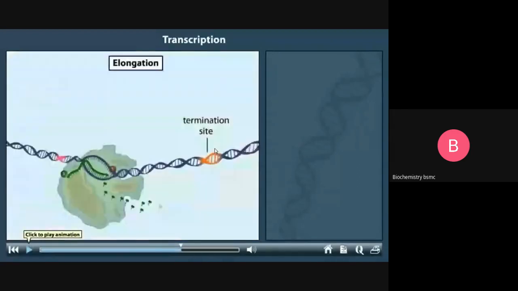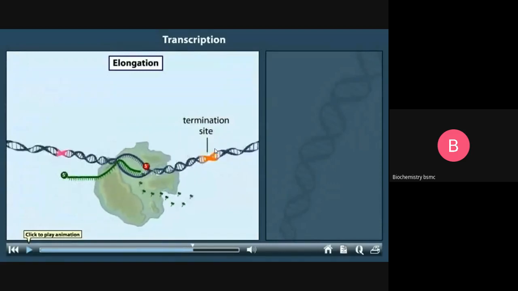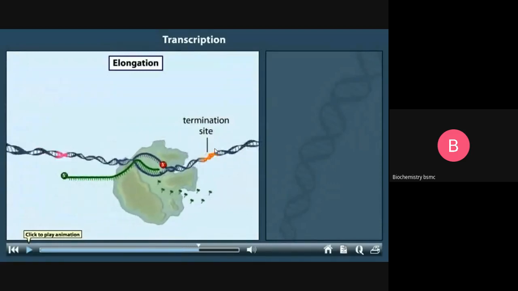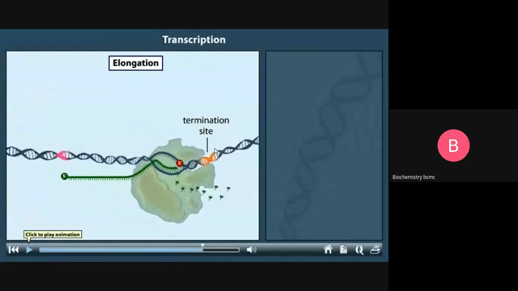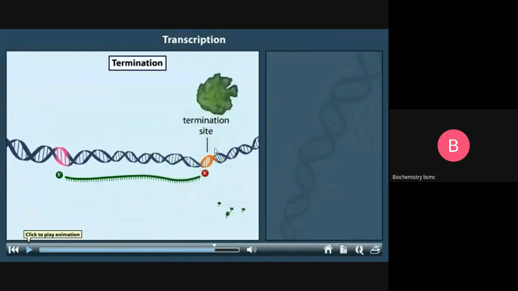The DNA double helix rewinds as the RNA polymerase moves through. Like the unwinding, the rewinding is an energy-requiring process that is accomplished by RNA polymerase. When RNA polymerase reaches the termination site, the RNA transcript is released from the template. The DNA rewinds completely, and the RNA polymerase dissociates from it. The DNA and RNA polymerase can then participate in other rounds of transcription.